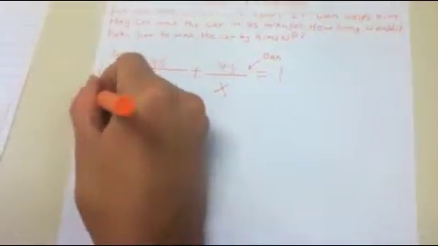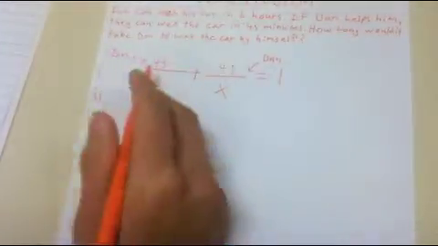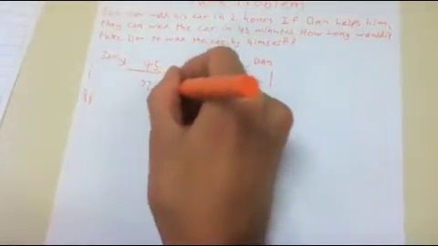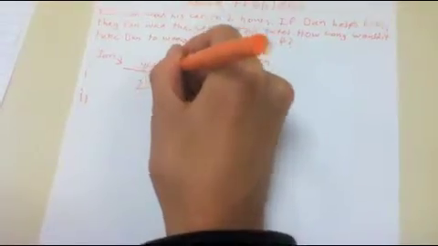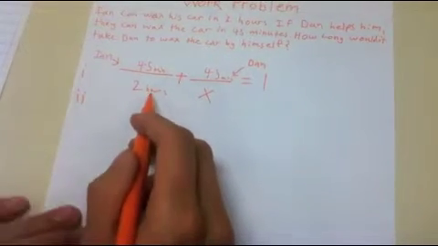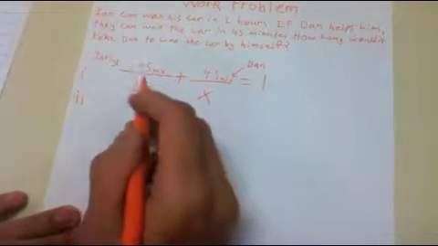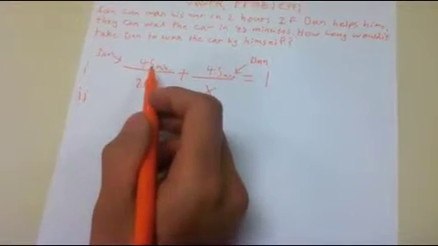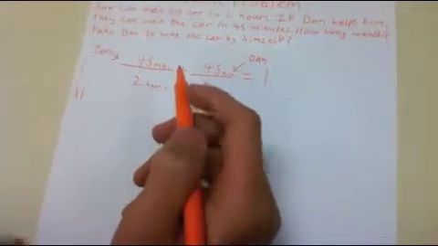And in our second step, we can just rewrite this, but we can convert. These are different units. This is 2 hours, 45 minutes, 45 minutes. We can either convert 2 hours to 120 minutes, or we can convert 45 minutes to 3/4 hours.